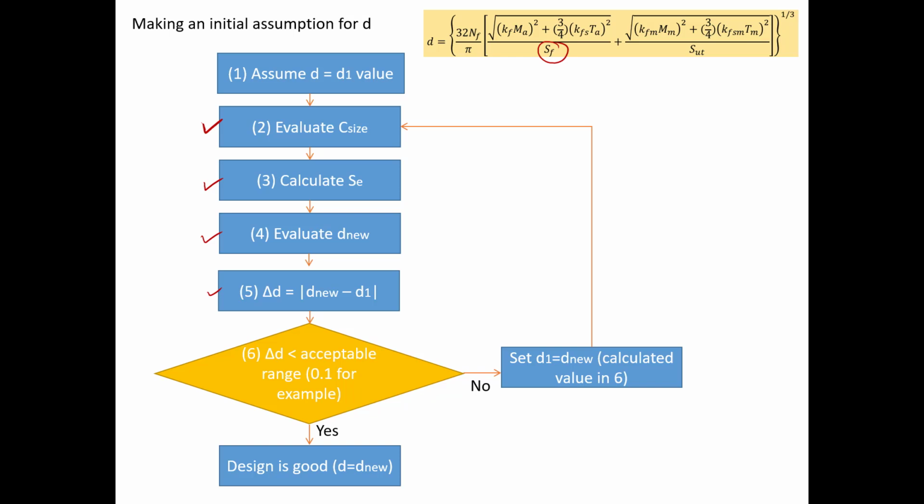If delta D is less than an acceptable range, or what I call the tolerance, then we will exit my, so let's say I'm doing a for loop, I'll exit my for loop. I will stop doing the trial and errors, because my two values are very close. If not, then I'm going to make a new assumption equal to the calculated value. I'll take it back and reevaluate my C size and keep doing this until I meet my tolerance value.